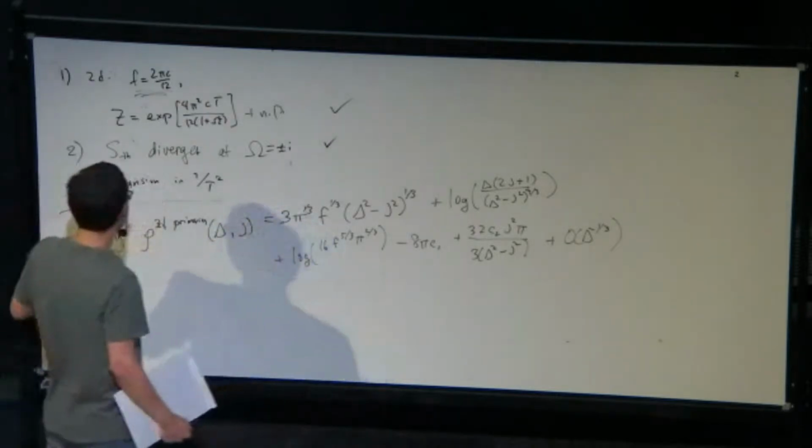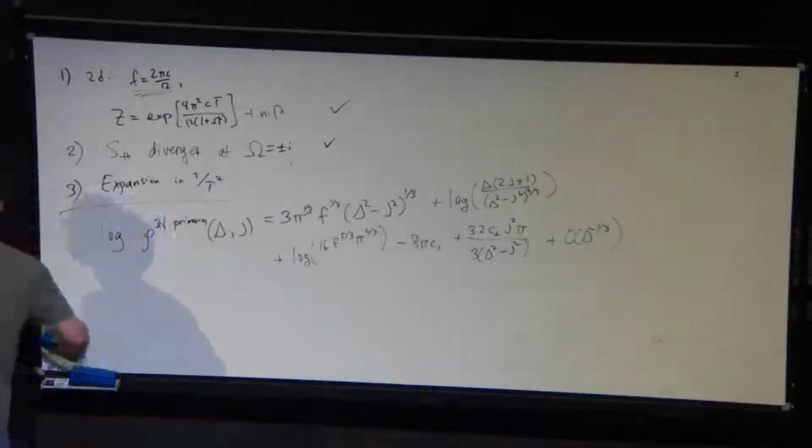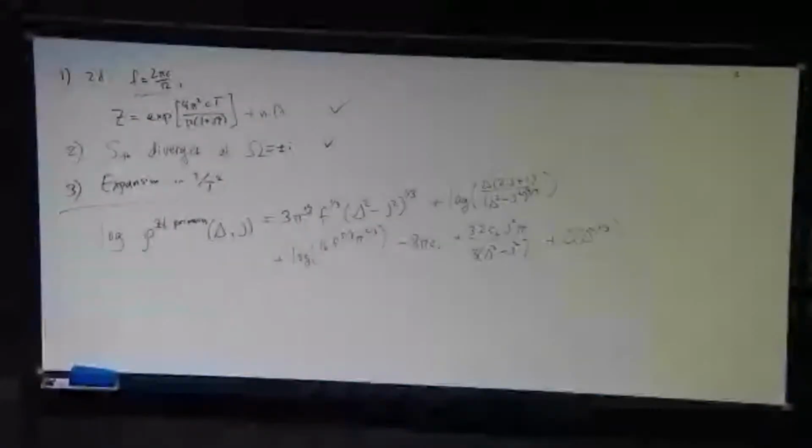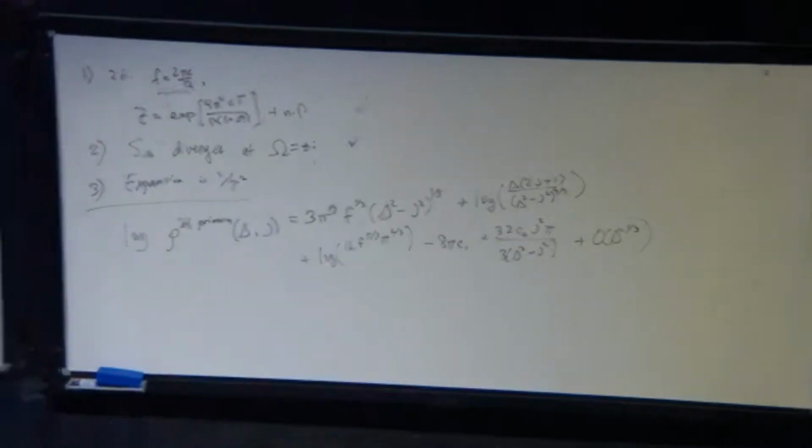Okay, let me make a brief aside commenting on some of the monotonicity properties that this does or does not have. So in 2 dimensions, the central charge, which controls this leading behavior, famously decreases under RG flow.